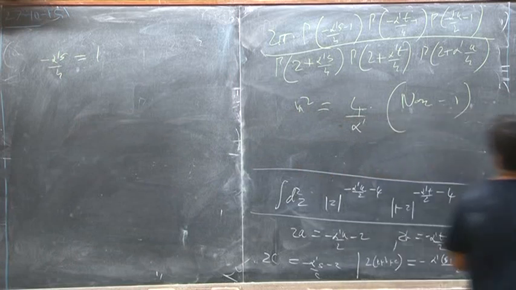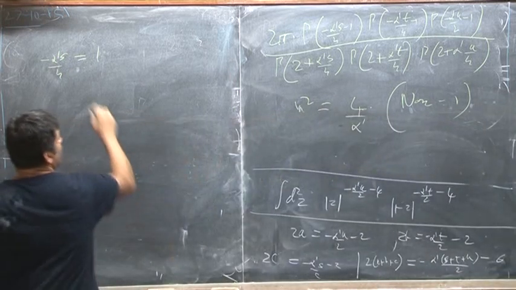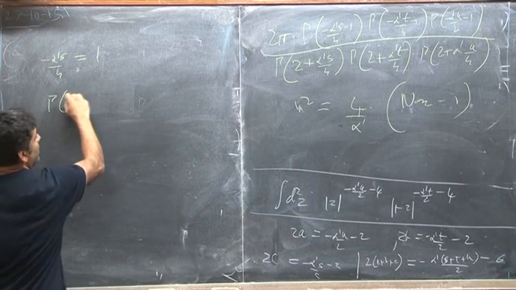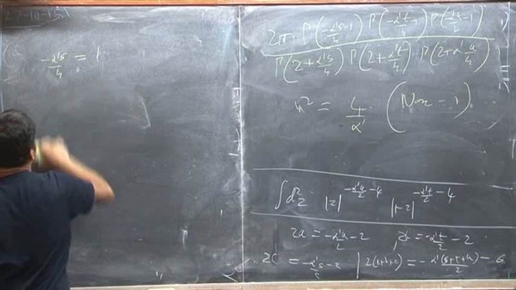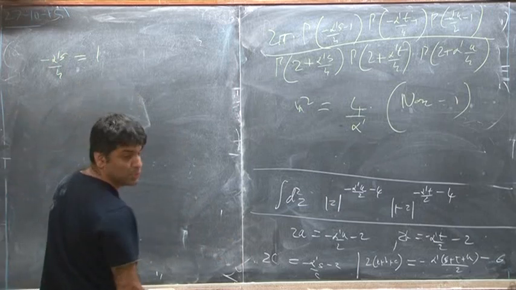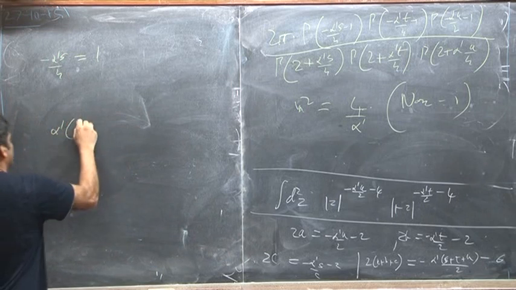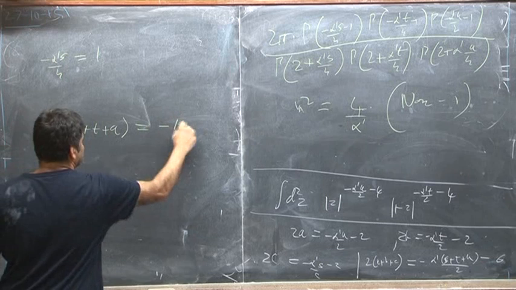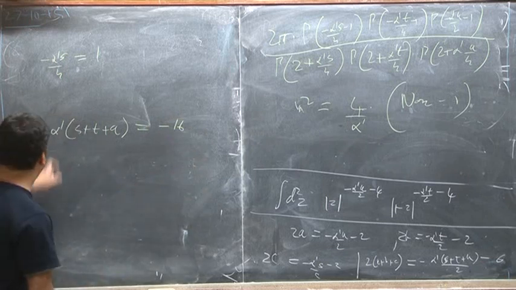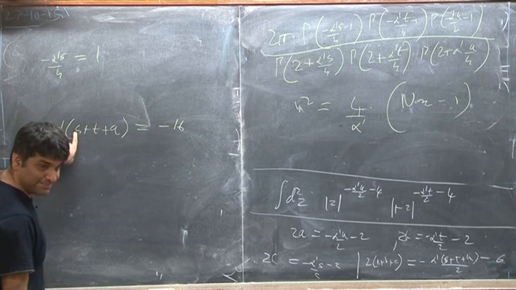Okay. So let's see. So firstly, what do we get? We get gamma of minus alpha prime. Okay, let's play the same game. We'll eliminate U, because alpha prime into S plus T plus U is equal to minus 16. But we have alpha prime S is equal to minus 4.